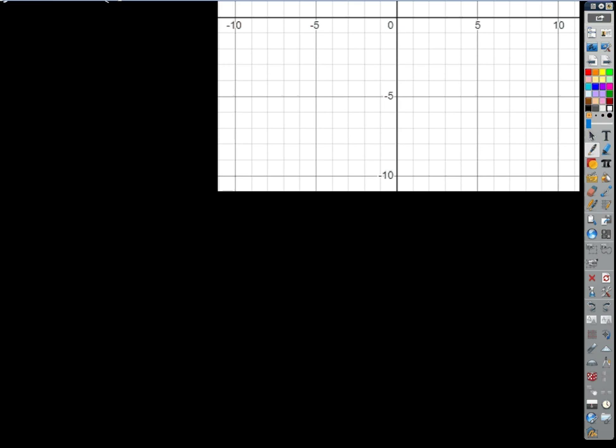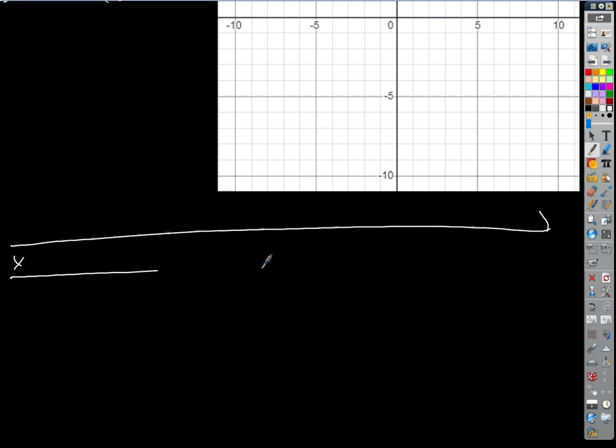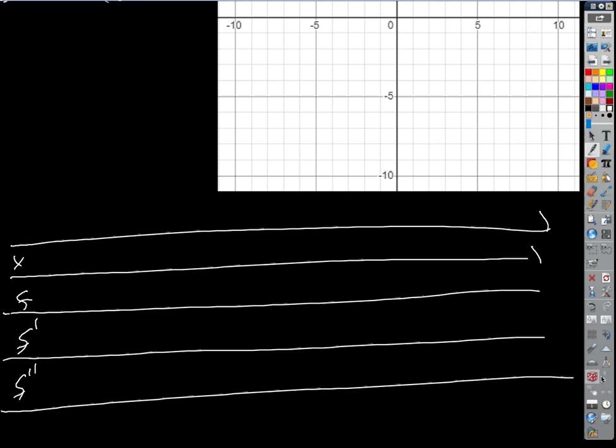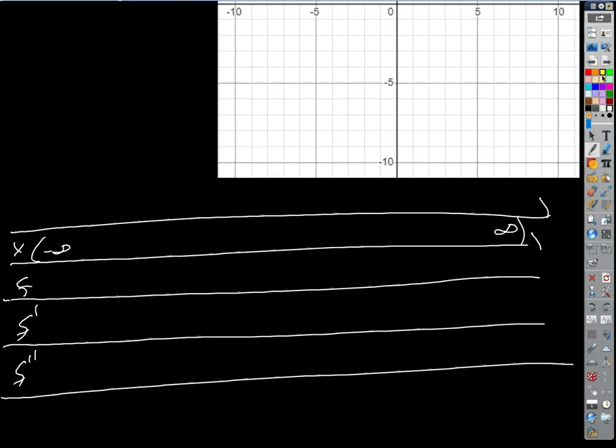Okay, for our table then, my domain we said was all reals. What were the critical numbers again? 0 and 1. Okay, so 0 and 1 were critical numbers.